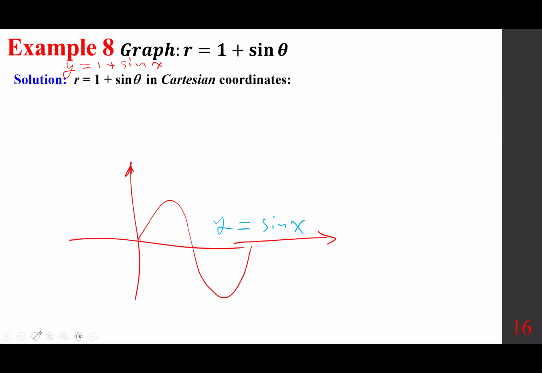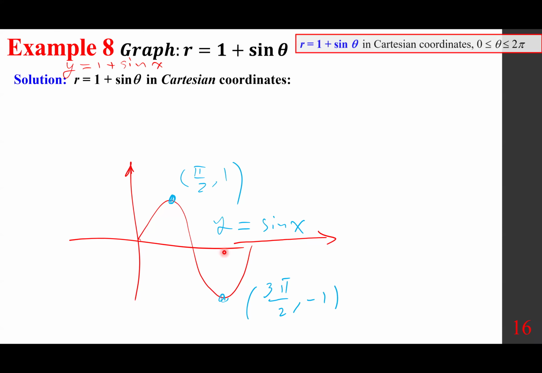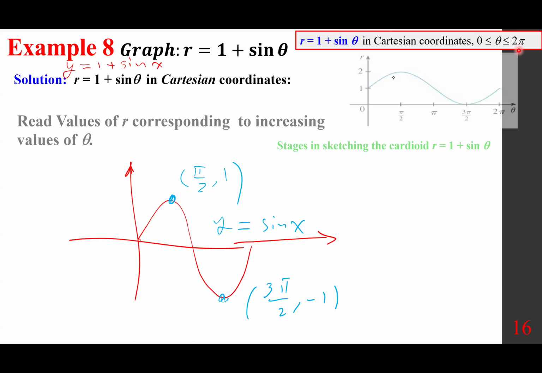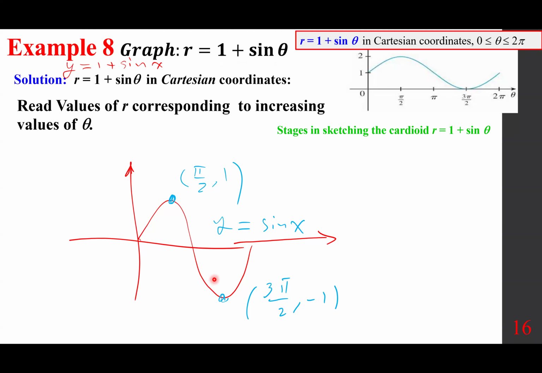This one is pi over 2, 1, 3 pi over 2, negative 1. So if I shift up by 1 unit, this becomes pi over 2, 2, and this becomes 3 pi over 2, 0. So r equals 1 plus sine theta in Cartesian coordinates from 0 to 2 pi looks like that. None of them is to scale, but you get the picture.